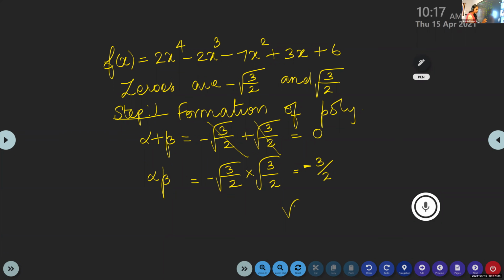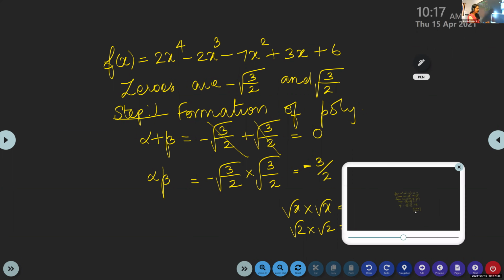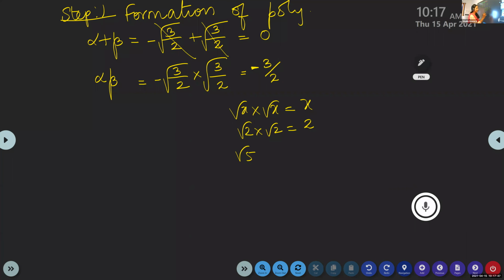What is root x into root x? X. Within the root, if the same number is there, whenever you multiply, it is x. What is root 2 into root 2? Root 4, which is 2. What is root 5 into root 5? 5.